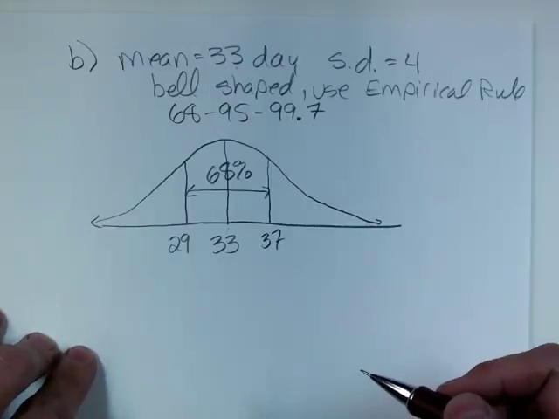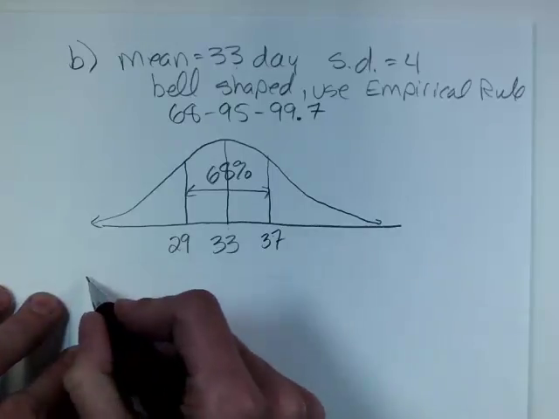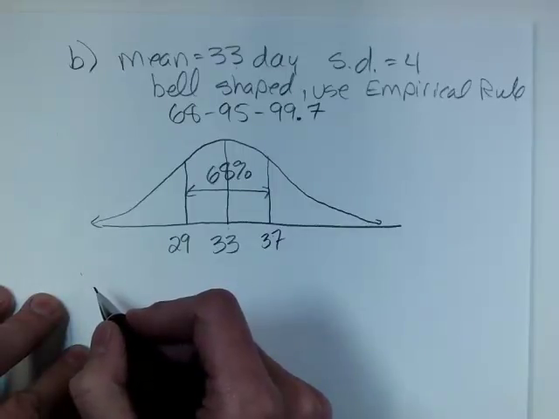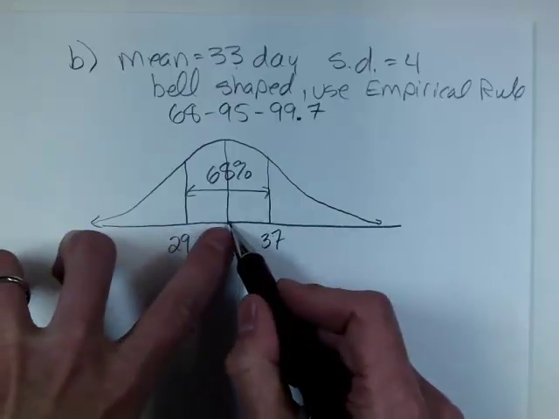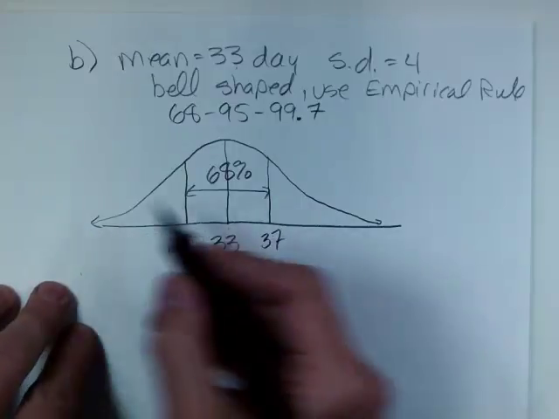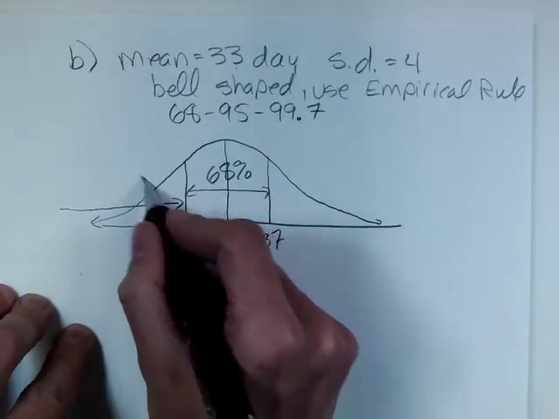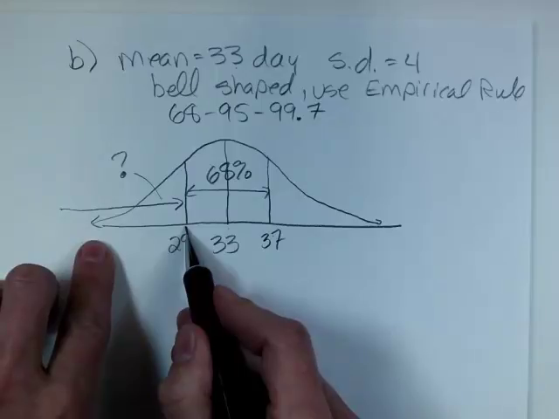See, that's the first one, right? Percentiles read left up to the point in question. We have the information from the center outward, but the percentile reads cumulatively this way. So how much cumulative percentage, or cumulative area, is that?